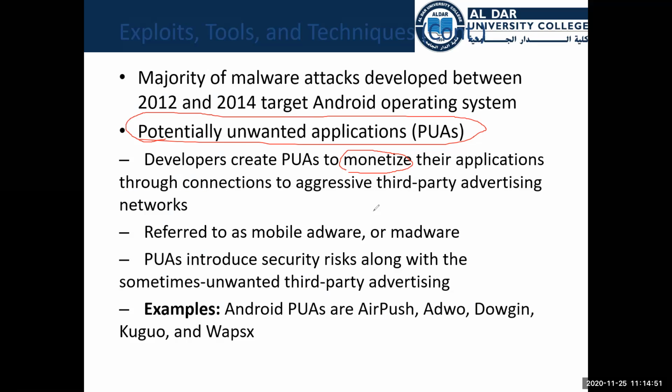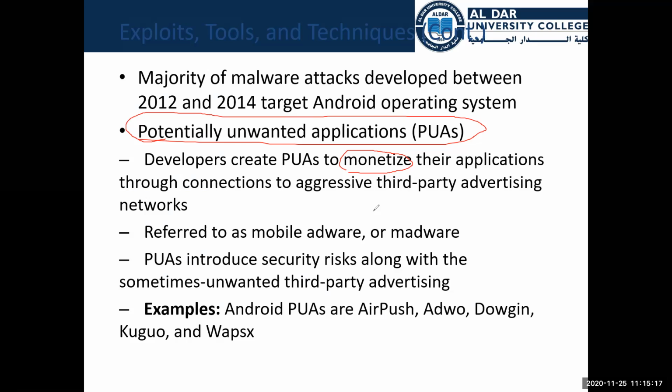Again, I'm saying it again. Potentially unwanted applications are just some kind of applications. The developers develop their application, and they add some kind of monetizing to it by opening a channel to third-party applications.